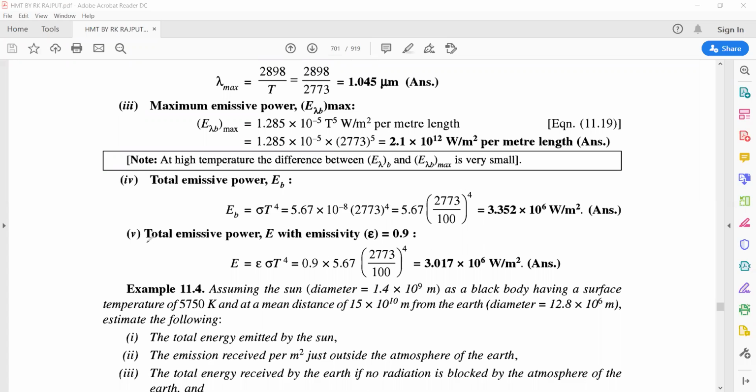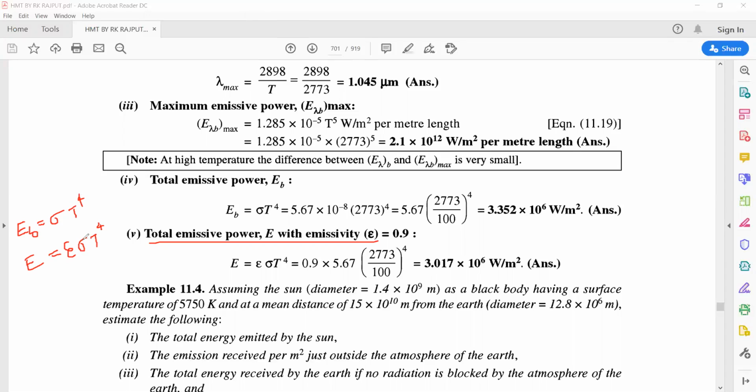The fifth bit, last one, total emissive power when the emissivity is 0.9. So as I told you in the previous classes also, the emissive power for the black body is equal to sigma T to the power 4, whereas for the non-black bodies, the emissive power is epsilon times sigma T to the power 4.